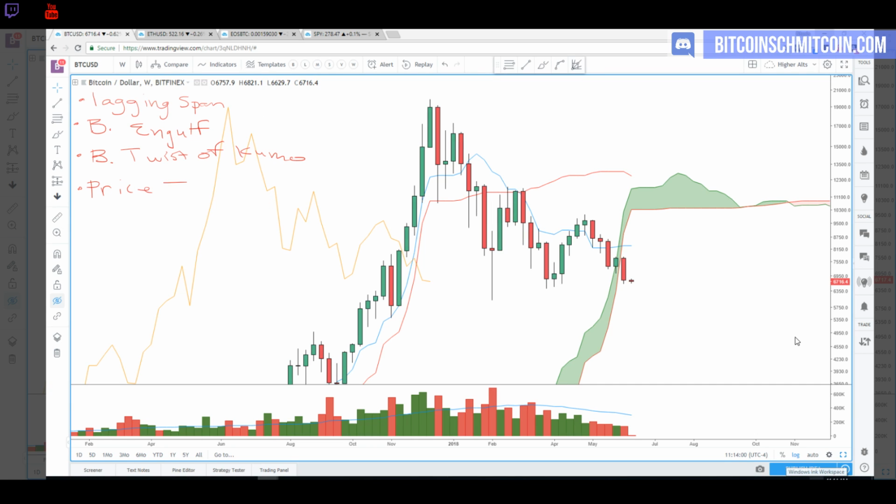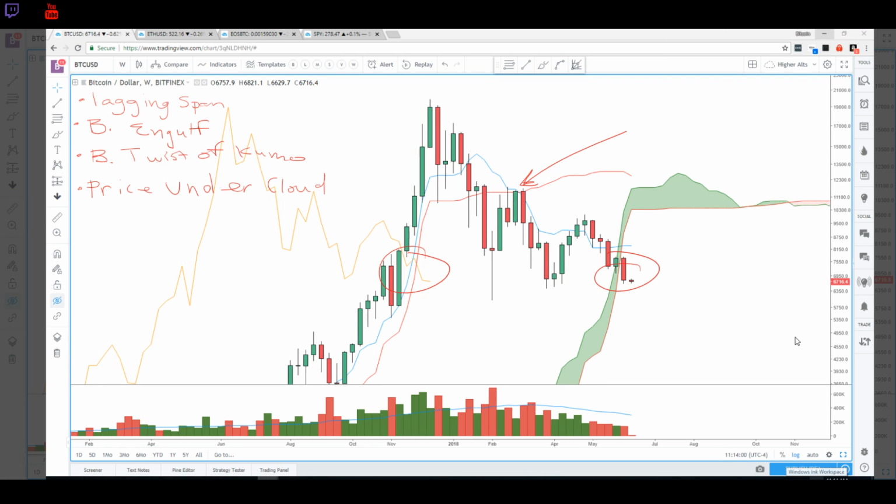Or price, we'll say price under cloud. And not only that, but this happened a couple months ago. We have a weak bearish cross here, but this is the least of the worries.